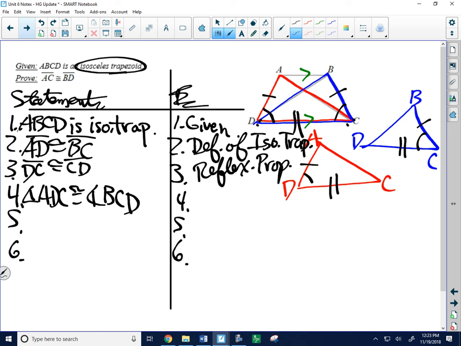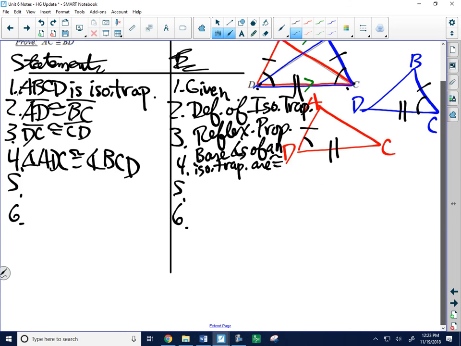And that property, again, you just have to write it down. It's not like the corresponding angles theorem. You just got to write out this whole thing. Base angles of an isosceles trapezoid, I put isotrap, are congruent. So again, base angles of an isosceles trapezoid are congruent.